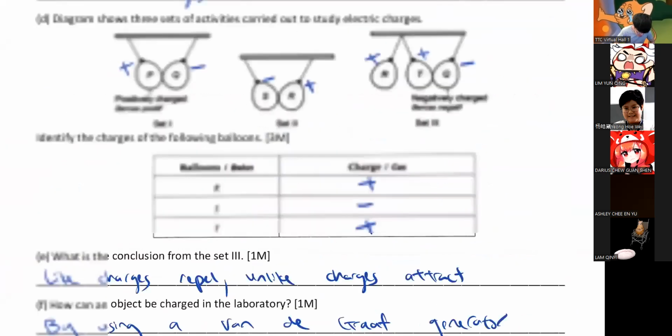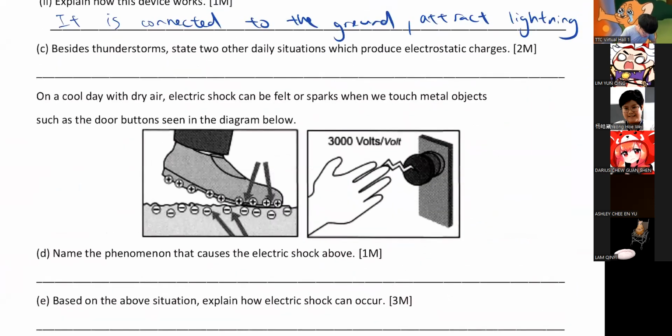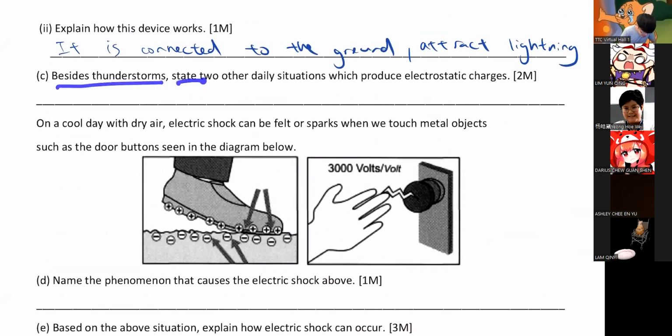All right, guys, this is a very easy part. So C, besides thunderstorm, state 2 other daily situations which produce electrostatic. So where else do you see electrostatic? You see this in so many things.